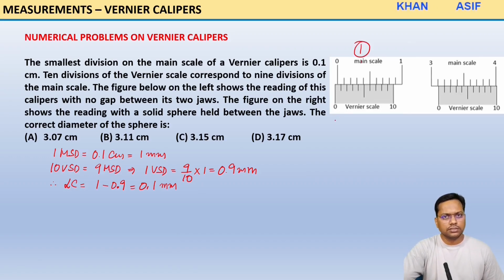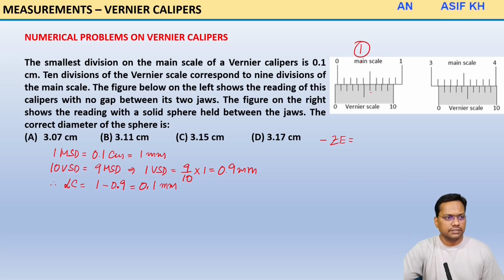So when the two jaws are in contact, you can see that the zero line on the Vernier scale is on the left side of the zero line of the main scale. Therefore, this device is having a negative zero error, say minus ZE. For finding the negative zero error, what we need to do? We need to take the Vernier coinciding division.